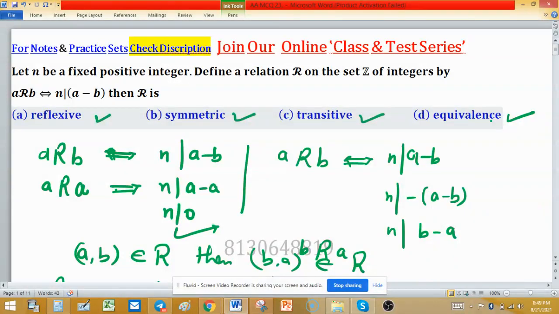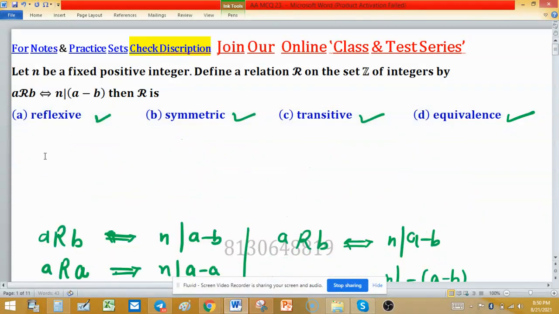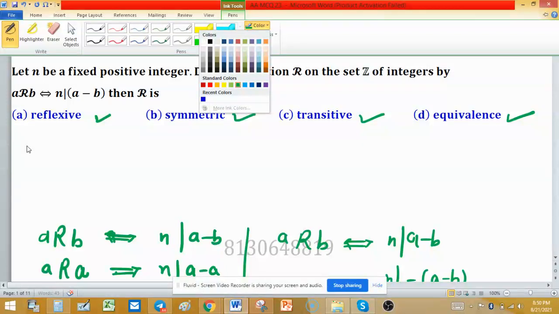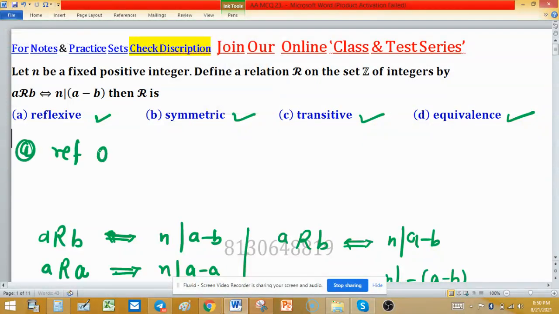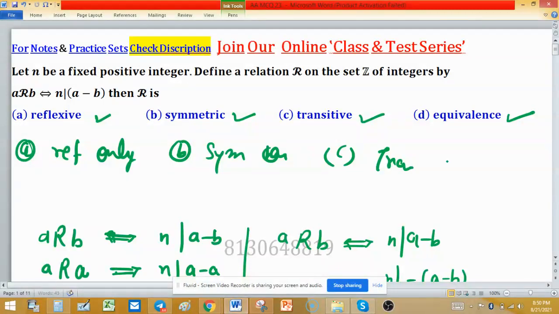They will put option D only, not A, B, C, because equivalence relation satisfies all properties. If the relation were only reflexive, and the options were A, reflexive only, B, symmetric only, C, transitive only, and D, equivalence relation, then we would put equivalence relation, because if we put reflexive only, it means no other property is satisfied.